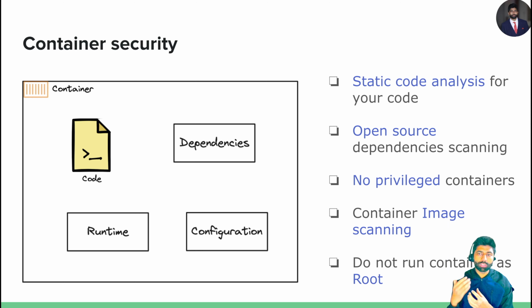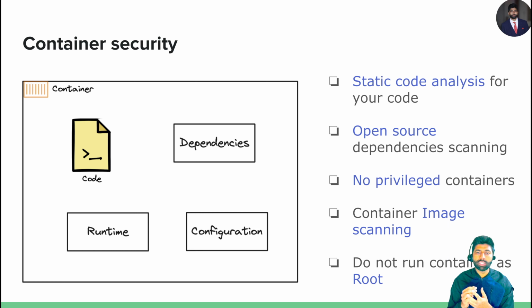Again, there are various tools and technologies available to help with this. Aside from this, you also need to perform scanning of container images. Container image scanning would find out whether there are any vulnerabilities in the container image, such as vulnerabilities in the base image, which is used in your Docker file.